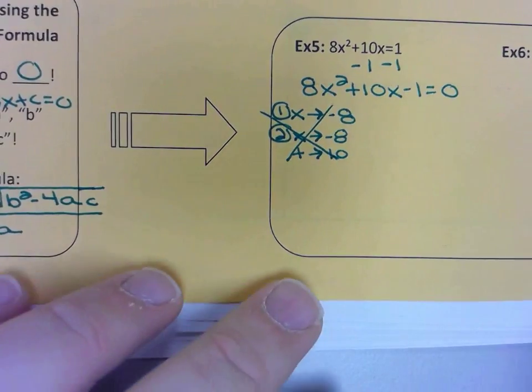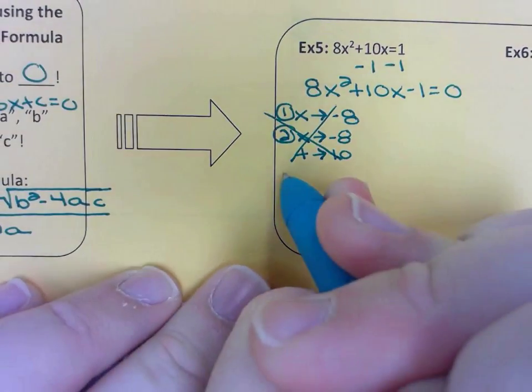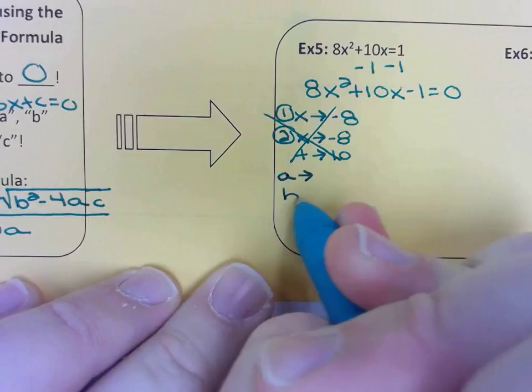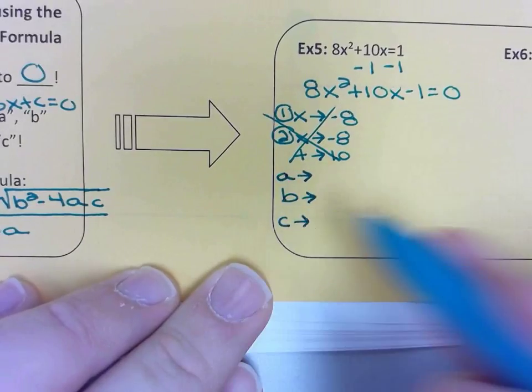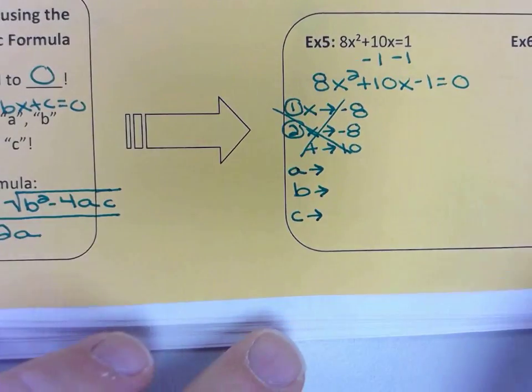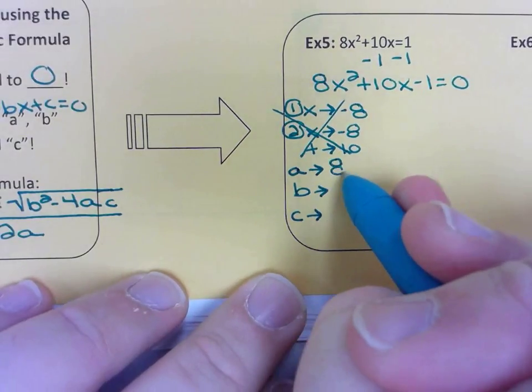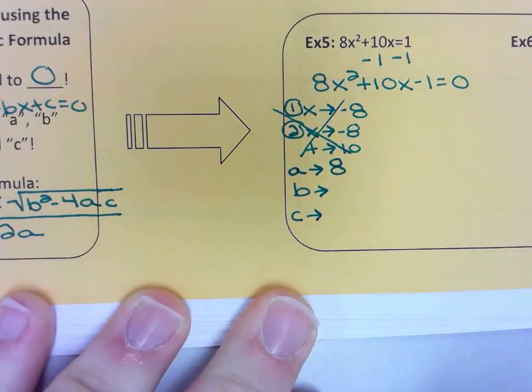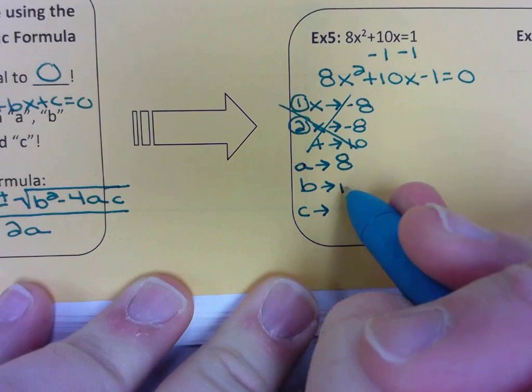So if I go straight to quadratic formula, I need to find A, B, and C. A value is what? 8. B value is 10. And C value is negative 1.